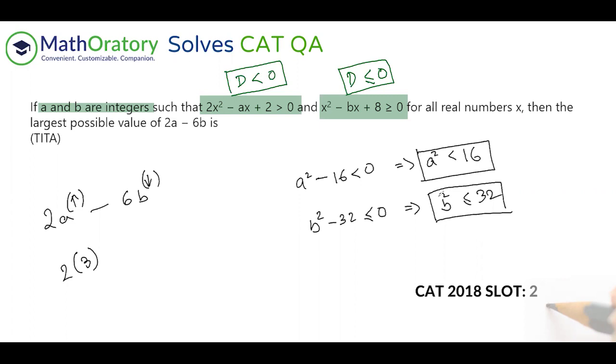I cannot take minus 6, since its square would be more than 32. So this is 6 plus 30, that gives us 36 as the maximum value of this expression.